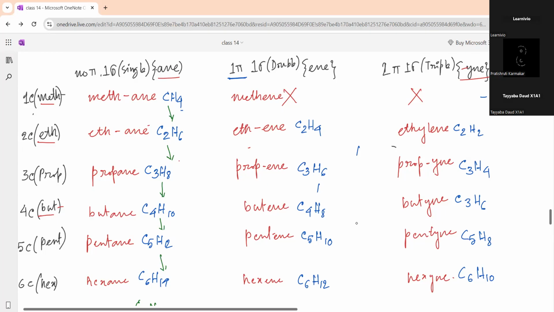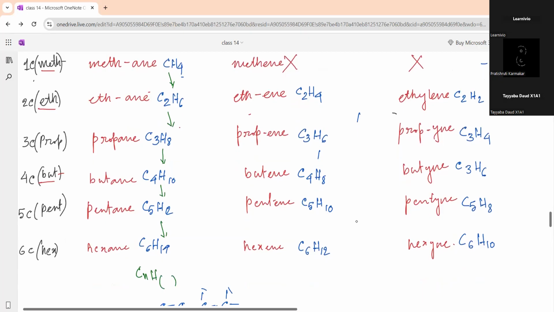So you see, when the number of carbon is 1, the number of hydrogen is 4. Number of carbon 2, number of hydrogen is 6. Number of carbon 3, number of hydrogen is 8. So if the number of carbon is n, I say the number of hydrogen will be 2n plus 2.